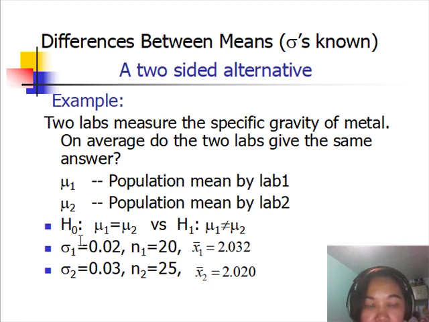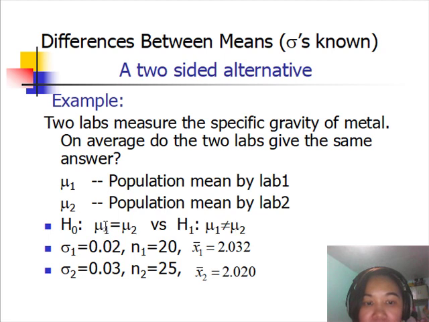Okay, so our hypothesis is that we test that mu sub 1 is equal to mu sub 2. The data is all about the specific gravity of a metal, against our alternative that the two population means are not equal.